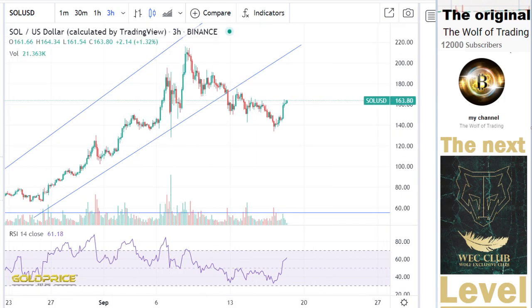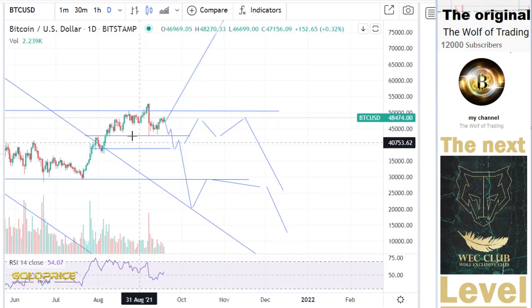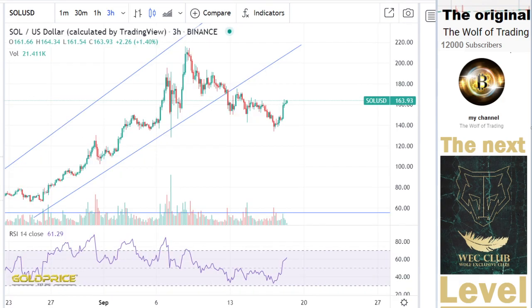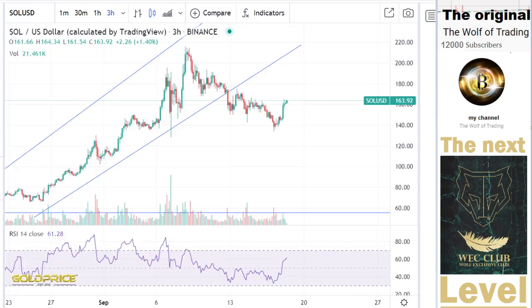To understand this, we have to look at the Bitcoin price, and you can see we have something like that. The price is going to the top side, and we see a little crash to the downside. Let's look at what we have here. A similar situation. This was at the 7th or 9th of September.